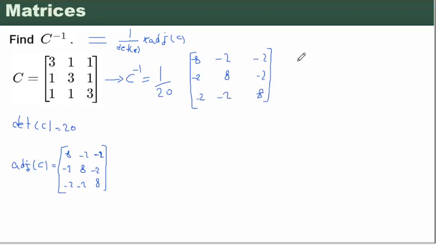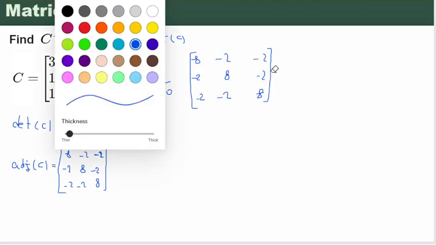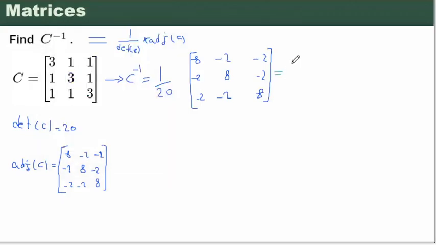I can simplify it, so if I simplify, I will write 1 over 10. So I can apply this 1 over 10 inside this matrix for any elements. It's a scalar.